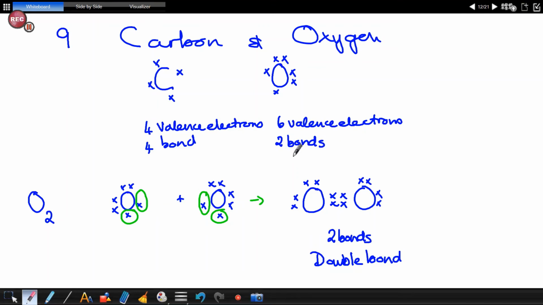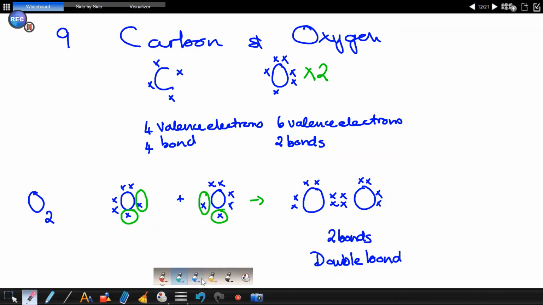How many oxygens do I need to join the carbon? Yes, because 1 oxygen forms 2 bonds and I need to make 4 bonds. How many oxygens do I need? 2. I need 2 oxygens. So I'm going to show that by multiplying the oxygen by 2.